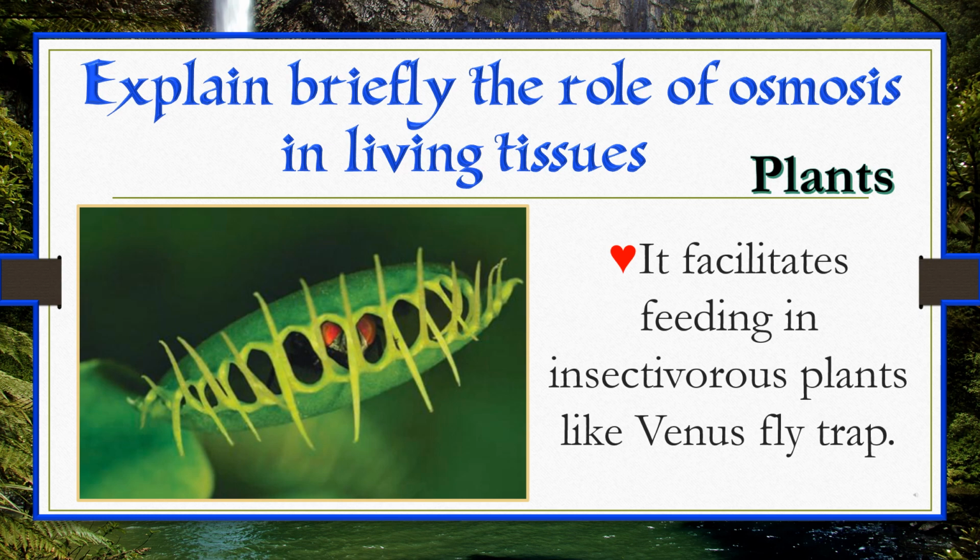And the insect will be trapped in the leaves. Then the leaves will secrete enzymes which will digest the insect, and then they will absorb the digested nutrients into the cells of the leaf. So it is osmosis which is facilitating the feeding in insectivorous plants like the Venus flytrap.